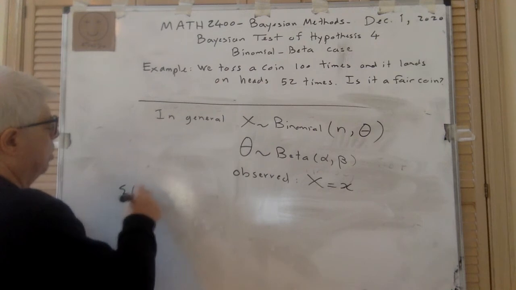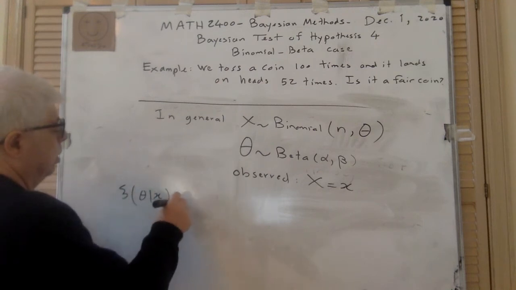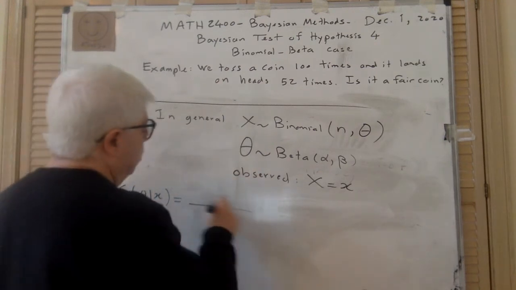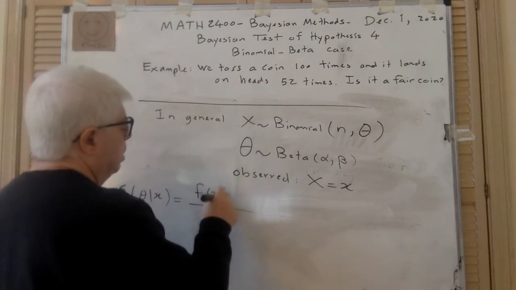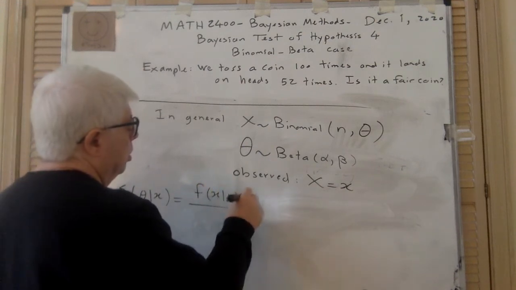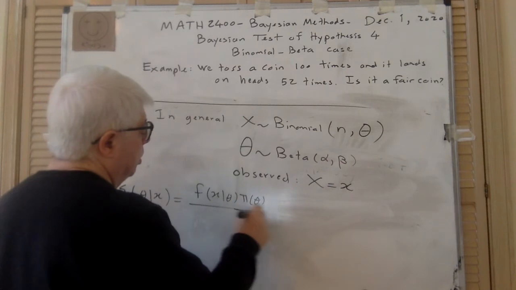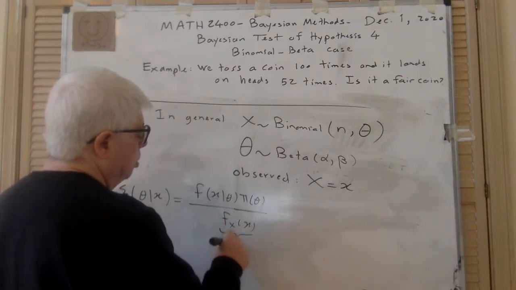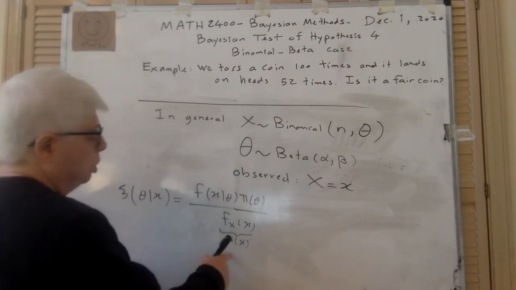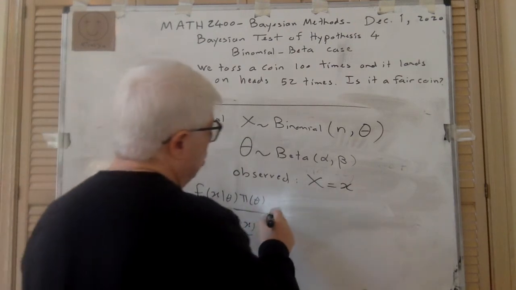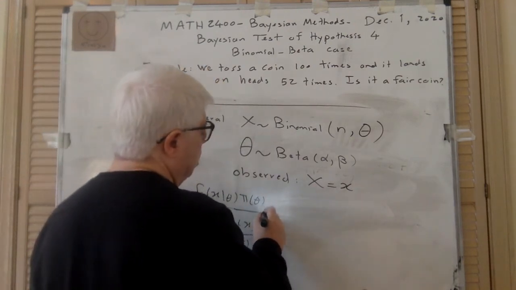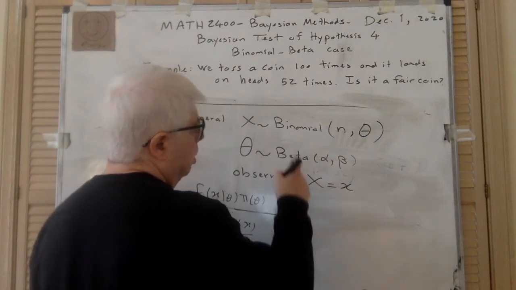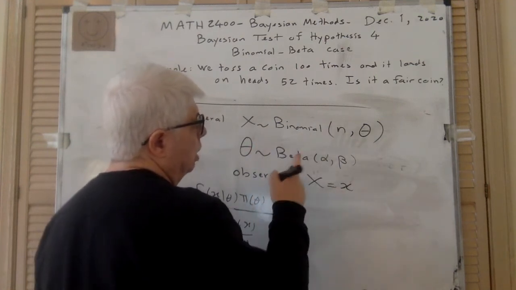The distribution of theta given x, that small x, will be f of x given theta times pi of theta, divided by f of x, which I denoted by h of x. So this is a constant, and there are some constants coming out of this. So let's write down the parts that have theta.